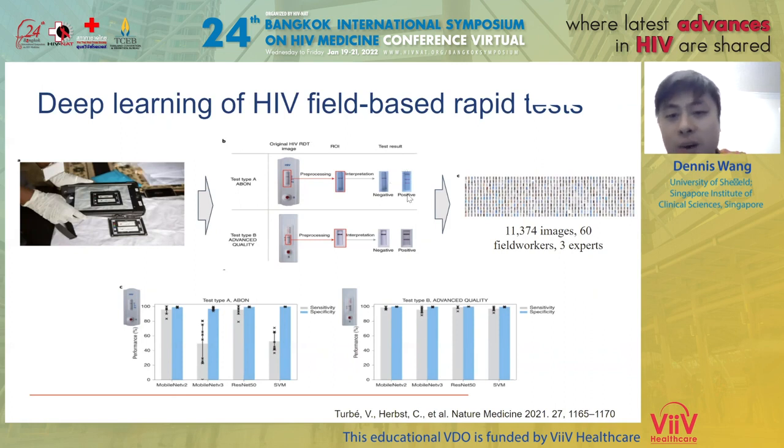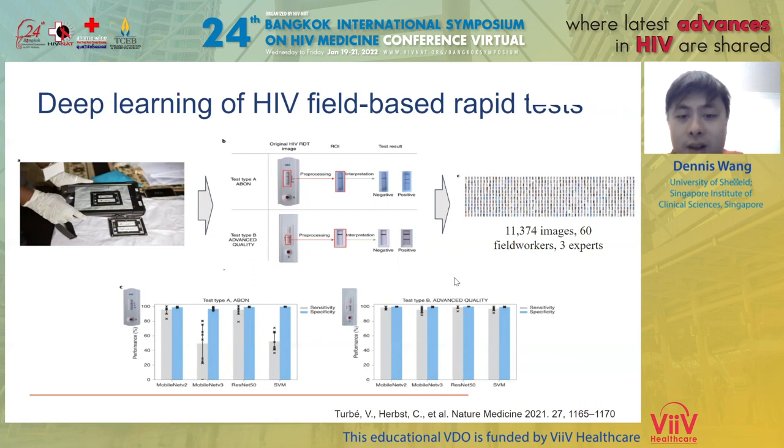So they trained the machine learning algorithms to read them like experts, so that patients or community healthcare workers can better interpret these tests. And in this study, they found that a class of machine learning algorithms known as convolutional neural networks can drastically improve the classification accuracy of the lateral flow tests.